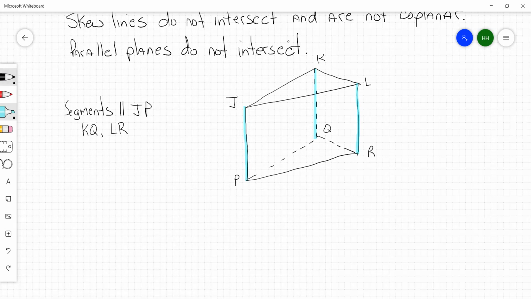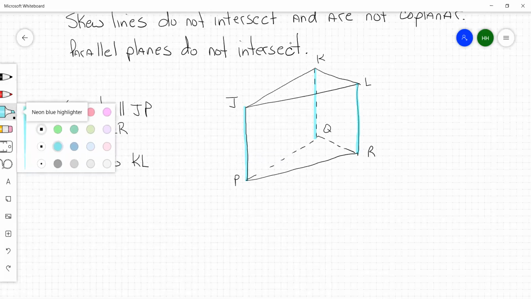We're going to list a segment skew to KL. Skew to KL. Well, KL is right here.